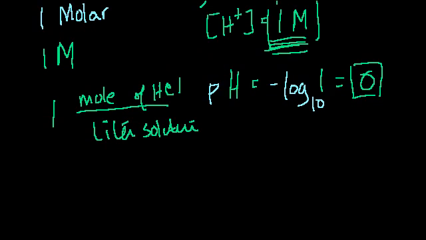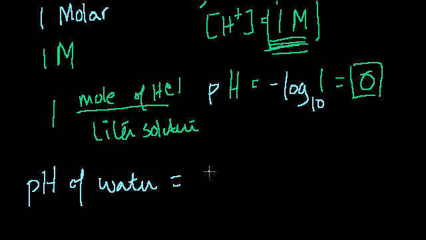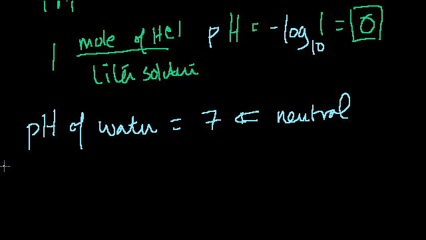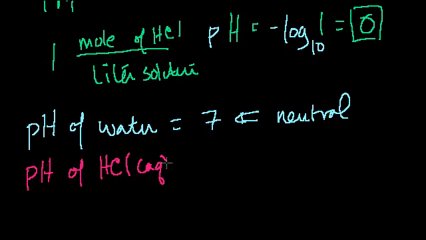So the pH of water, just without any acid in it, was equal to 7, and this is considered a neutral pH. Now we know that if you were to have an aqueous solution with 1 molar of hydrochloric acid, we can say, I'll do it in red, the pH of HCl in water is equal to 0.